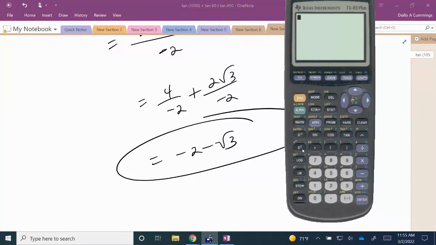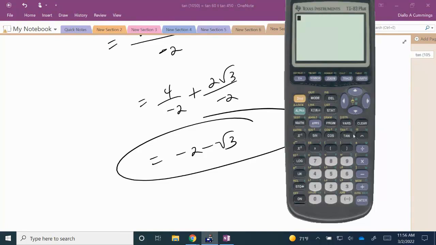So we had the tangent of 105 degrees, which was negative 3.73. Next, I'm going to evaluate negative 2 minus the square root of 3, and we have the exact value.